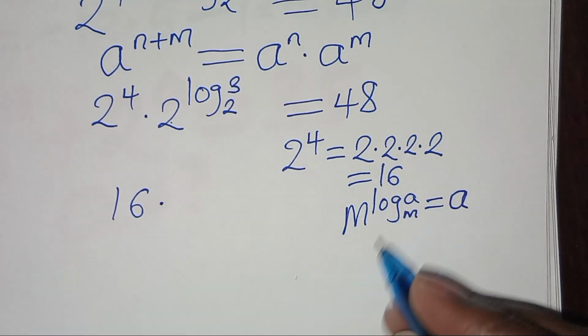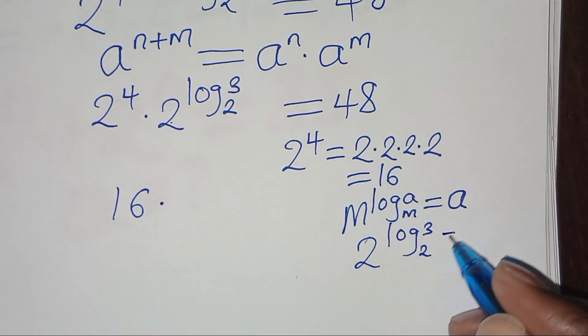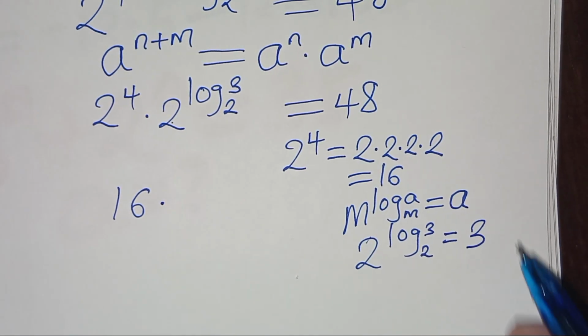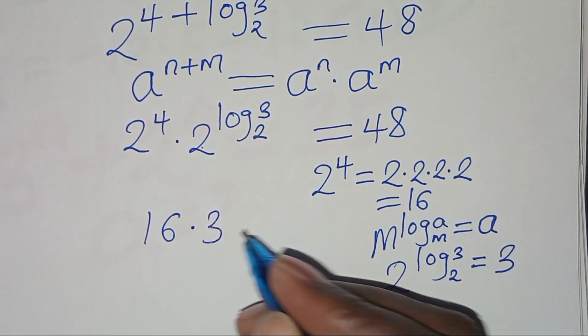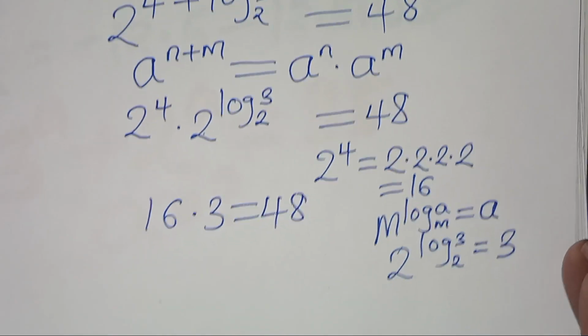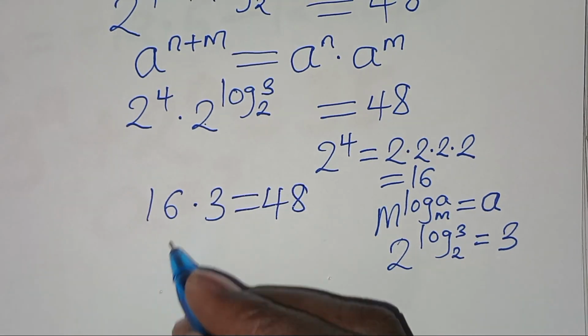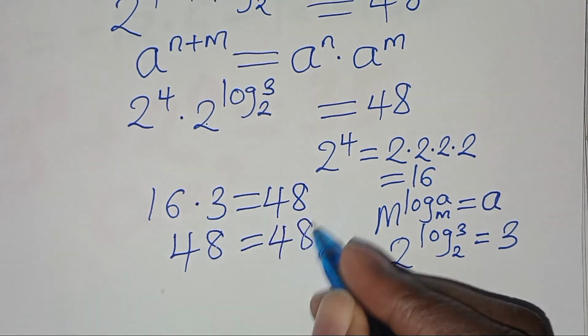That means 2 to the power log 3 to base 2 is the same thing as 3. Let's substitute the value of 3 here. So you will have 16 times 3, which is 48, equal to 48.